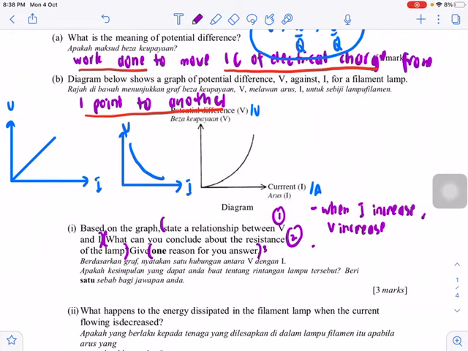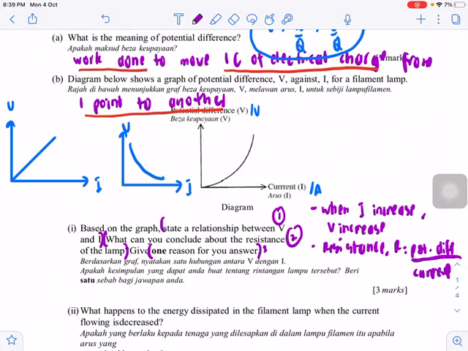Kalau you tengok betul-betul kat sini, kita nak cari resistance of the lamp kan? Resistance of the lamp ni you boleh cari guna dia punya gradient. Nak dapatkan resistance, R sama dengan potential difference bahagi dengan current.